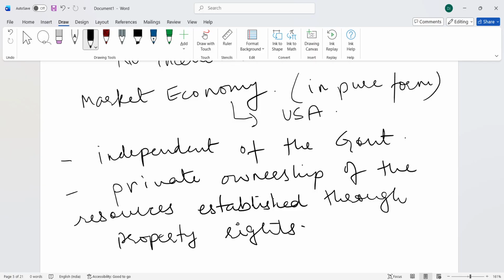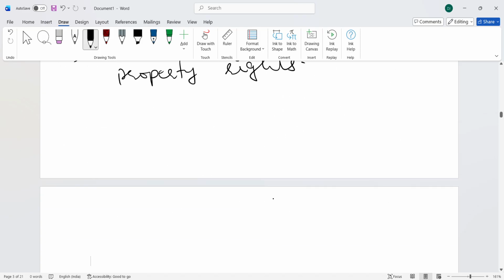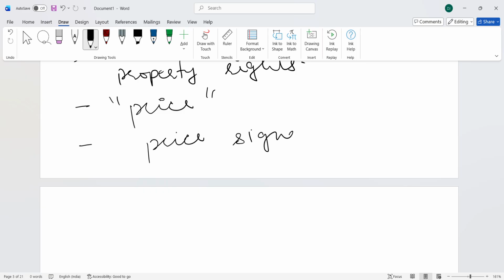All right. Who gets what is also determined by the market. We all know about it, right? It's basically the price that determines who gets what. So price plays a very important role. Everything is determined by the price. In fact, all the three basic economic problems are solved by price signals only, right?